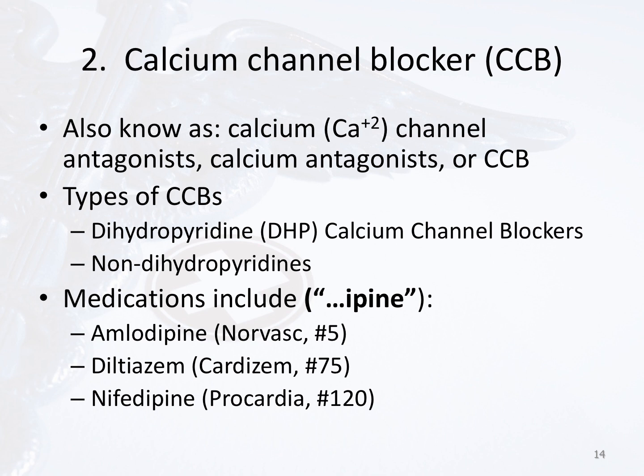Amlodipine, the fifth most prescribed medication in the United States, and nifedipine are both DHP calcium channel blockers, whose mechanism primarily affects smooth muscle. Diltiazem, on the other hand, is a non-DHP calcium channel blocker. It's less effective at lowering blood pressure, but can also be used to manage angina and cardiac dysrhythmias.